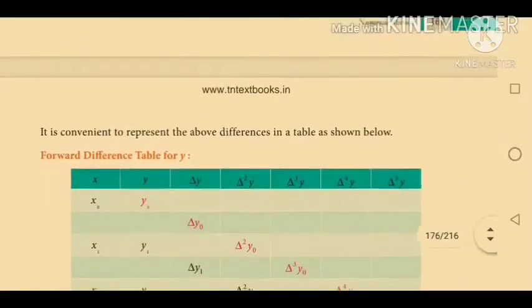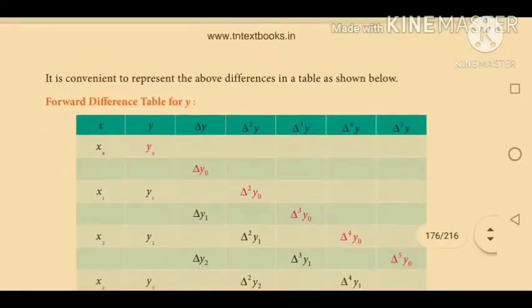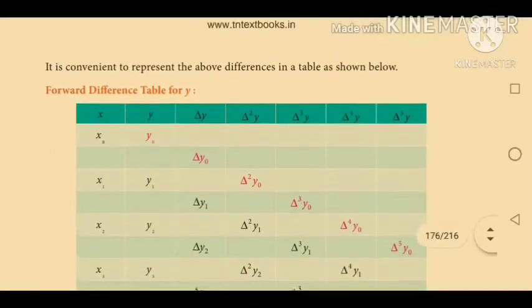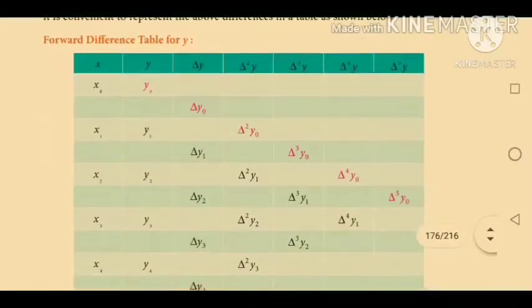Now we are going to see the first sum using a forward difference table for y. Here the difference table is given: x0, x1, x2, x3 in the first column, then the second column starts with y0, y1, y2, y3, and we are finding delta y by subtracting y0 from y1, that is delta y0 is nothing but y1 minus y0.